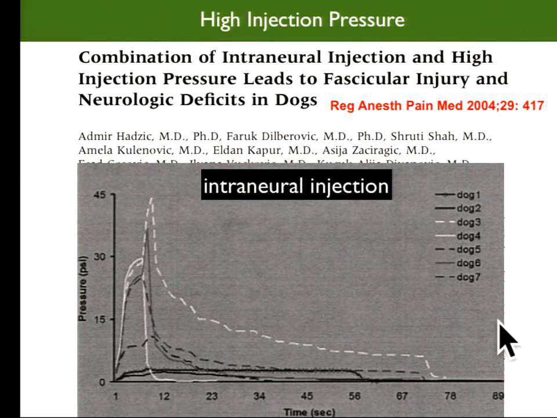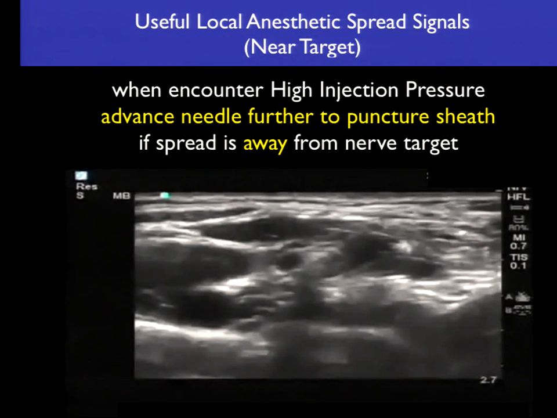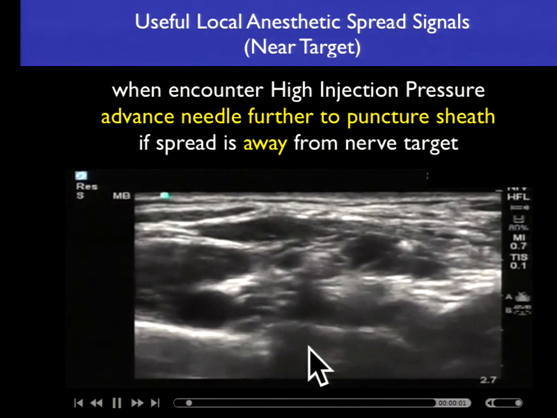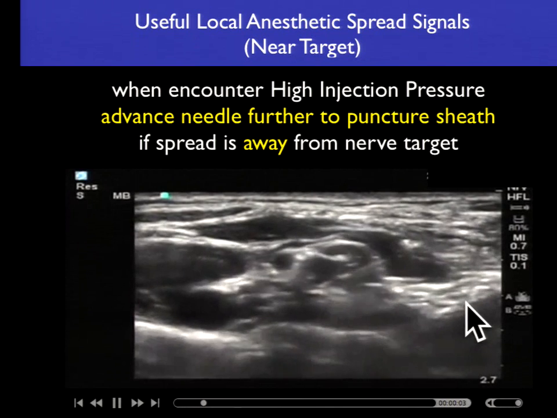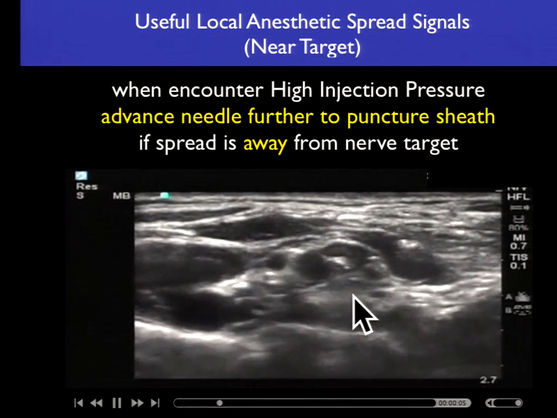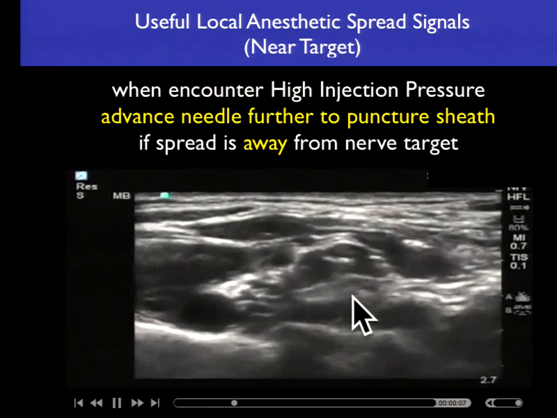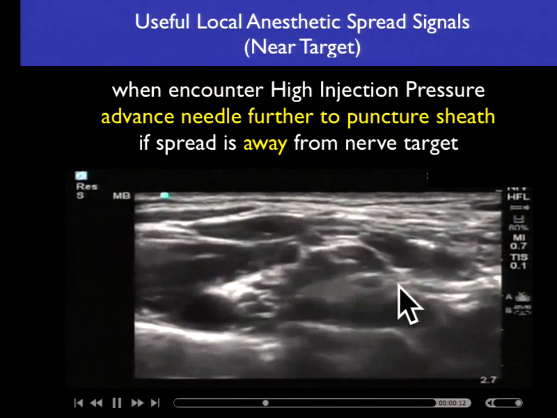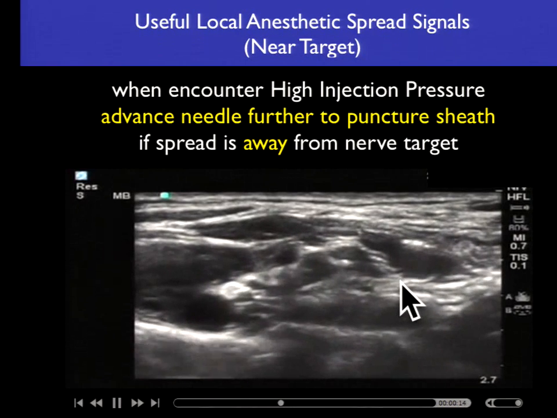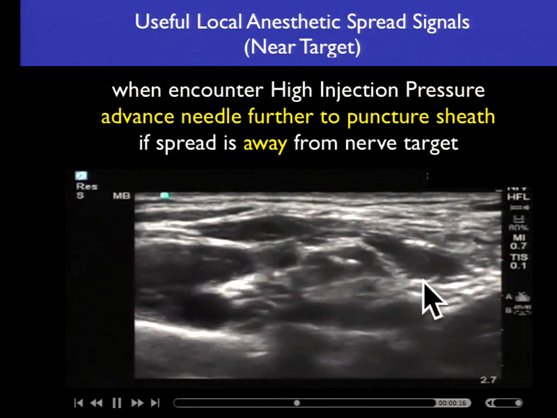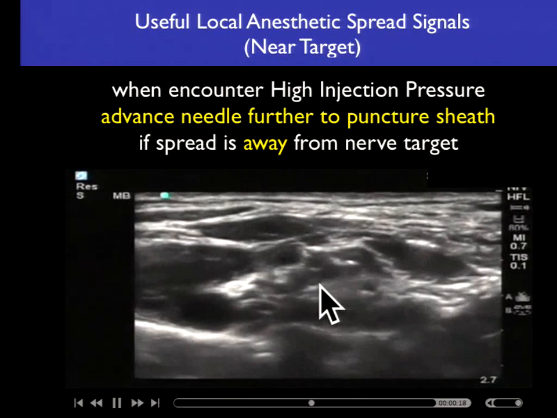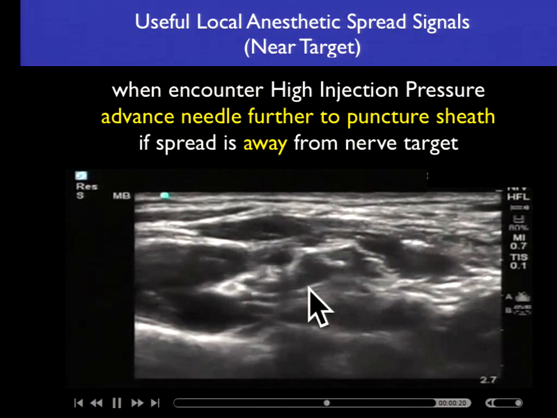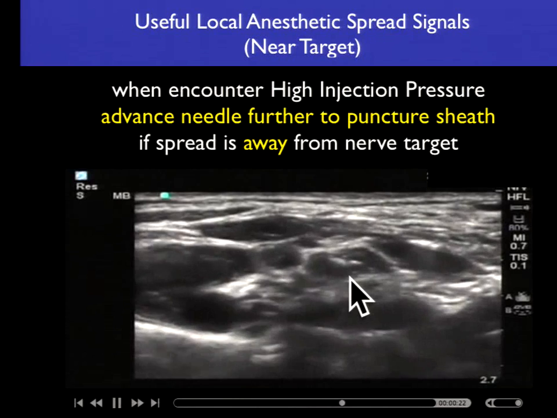What I tell you is intravascular injection can be high pressure, can be low pressure. But with ultrasound, if I get high pressure, it does not every time mean the needle is inside the fascicle. It can mean that the needle is hitting the fascial sheath. In fact, in this case, if you inject, you see the local anesthetic is spreading away from the plexus.